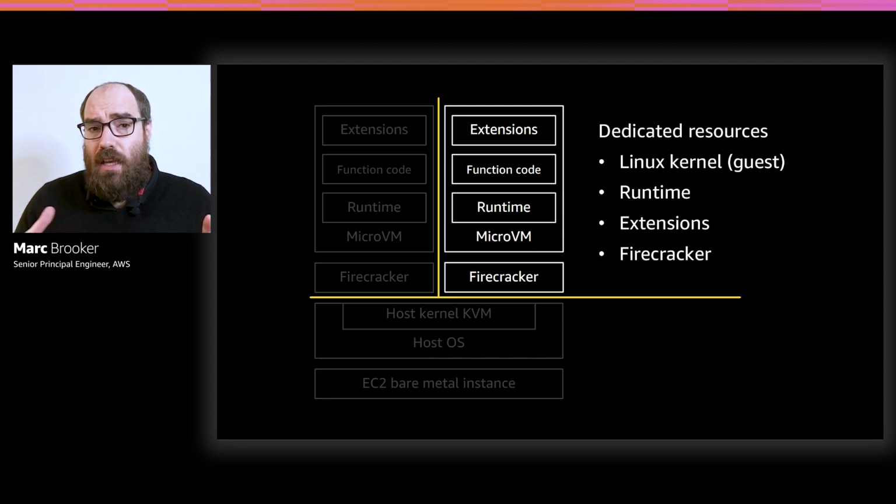If you're writing extensions with the new Lambda extension API, you get one copy of every extension you write inside each micro VM, completely isolated from everything else, using the same security model as applies to functions and runtimes. And finally, you get your own Firecracker process that is creating the micro VM, managing it, and performing I/O and so on.